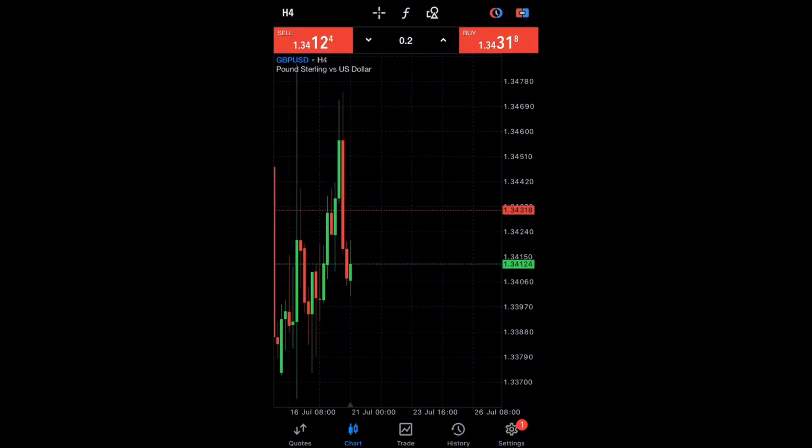In the buy, you can see 1.3432. Now if you look down to your screen, you can see two lines. The first line, the red line, is the bid price line, and the green line is the ask price line. And you can see the exchange rate between both currencies on the right hand side. If you look at the left side of your screen, you can see the actual difference.